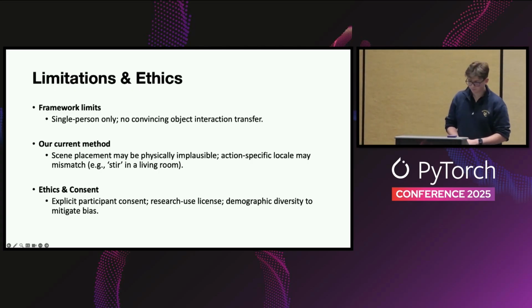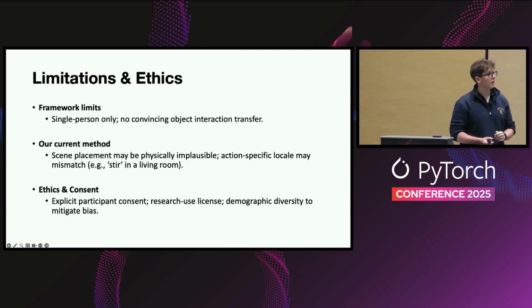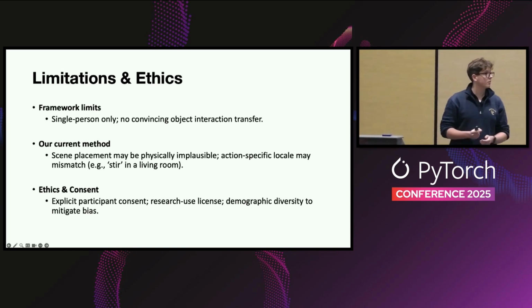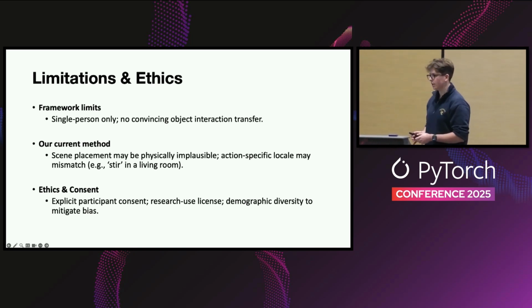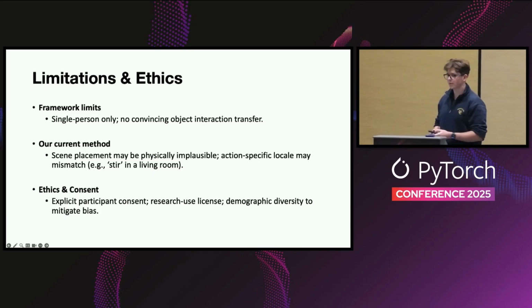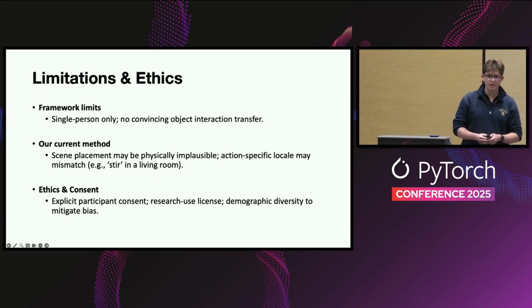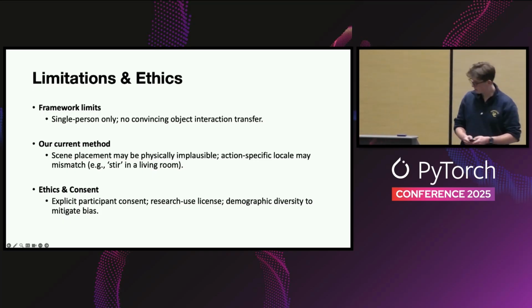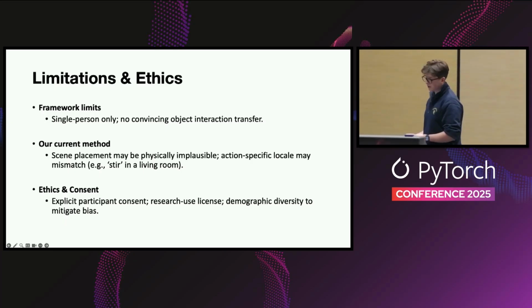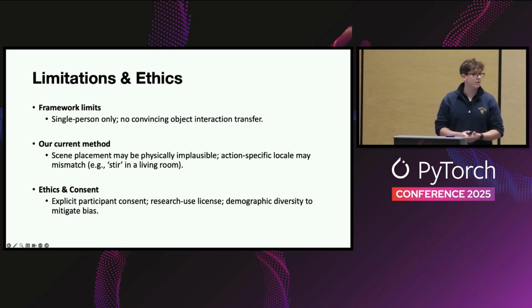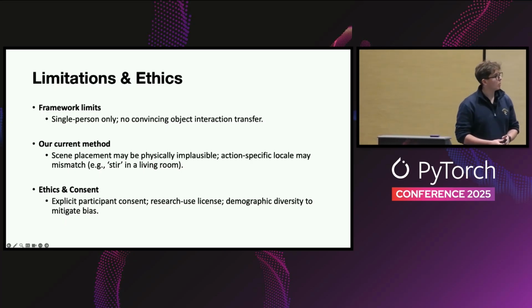And sometimes actions may not be physically consistent, for example, if you would be cooking, but it would happen in a living room, then it's not very consistent with the real world. And the research license is MIT, so it's open.